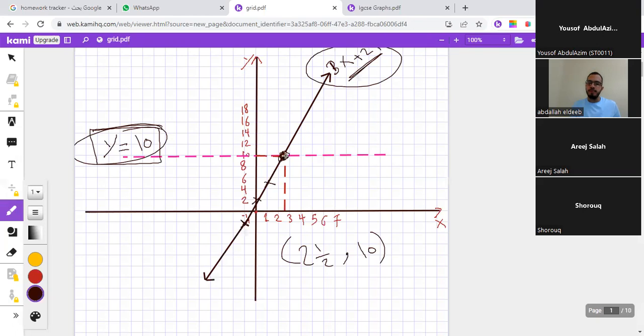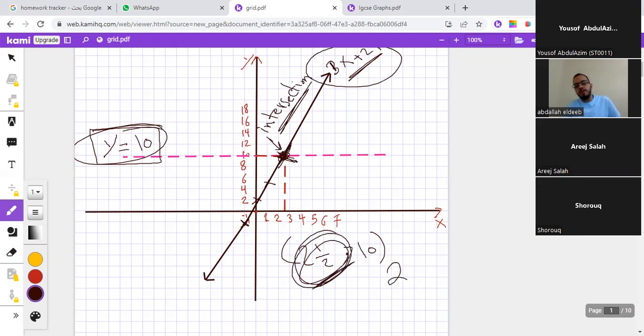Then at the intersection point, you will find the x-axis value, and that x value is the answer, 2.6 or 2.5 or 2.7, as you see in your drawing, because it will differ from me and you and another, from one to another.